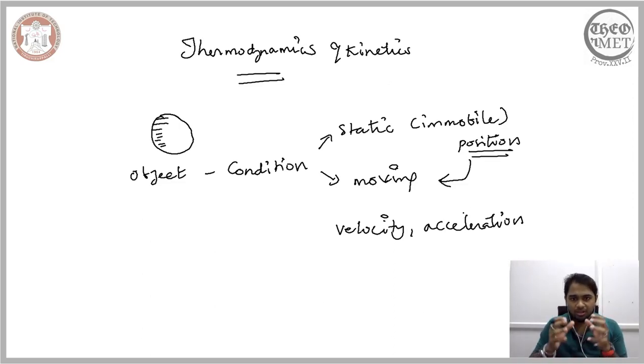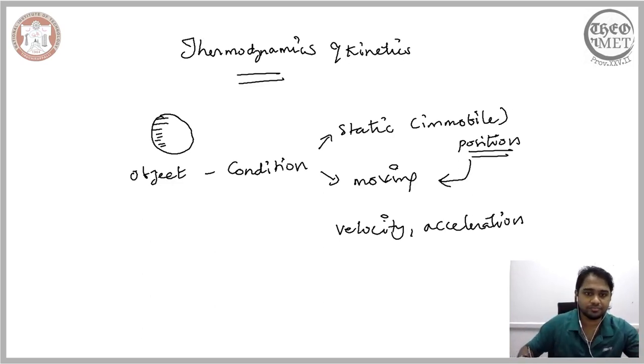Now when you have an ideal system wherein you have an object in a given condition, and you want to play around with this object, by which we mean we want to change the condition it exists in, and we want to see if we are able to predict where this object would be at a given point of time, all these things can be done by understanding Newton's laws of motion.